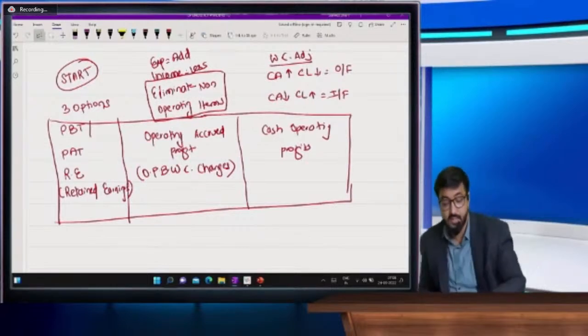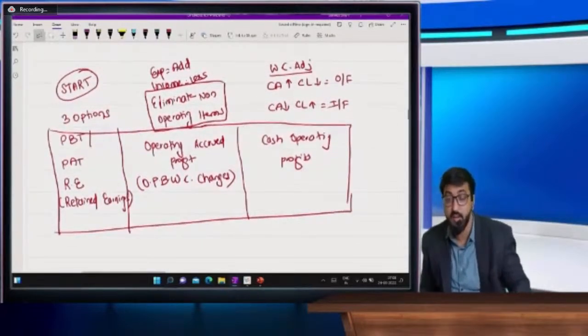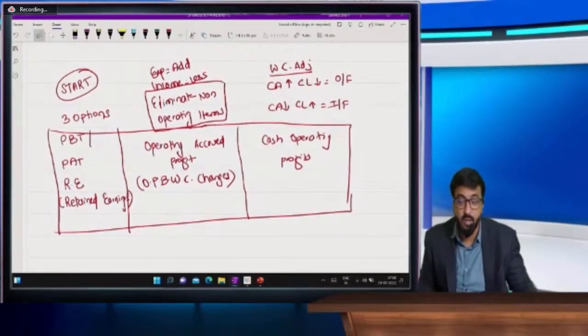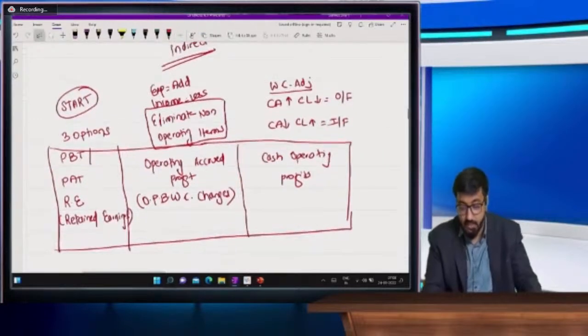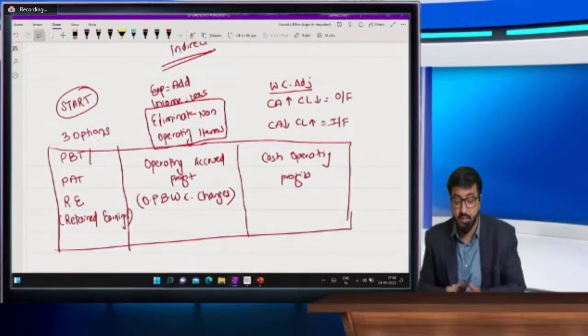Yes, this is a very, very important chart. Mark it as IMP chart for indirect method. After writing this chart, tell me in the comment section.